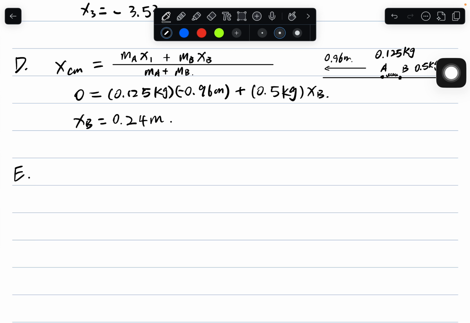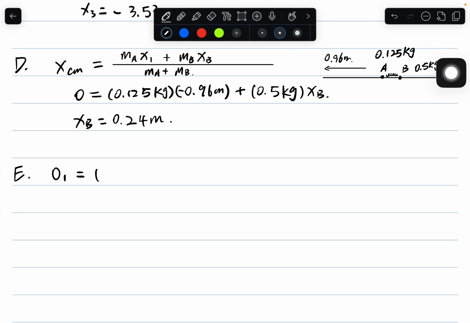So we have 3 objects. We have object 1, so we just say O1.